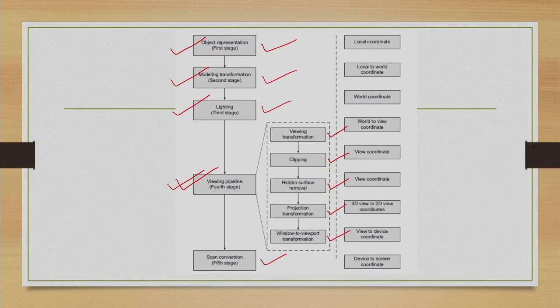Among them we have already discussed the viewing transformation, the projection transformation, and the window to viewport transformation in the previous lectures. Two more operations in the fourth stage are remaining, namely clipping and hidden surface removal. We are going to discuss these operations in today's and subsequent lectures.